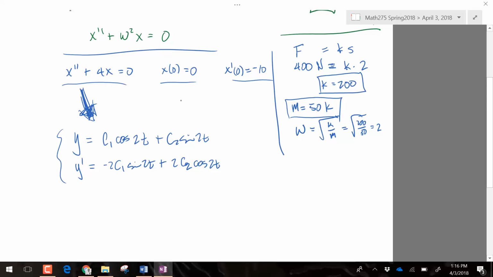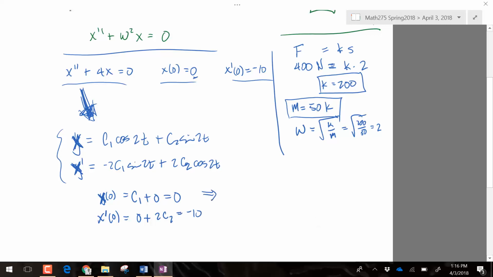So we have x of 0 is equal to 0, so we're going to put 0 in. I guess this should be x. So when we put 0 in, the cosine of 0 is 1, sine of 0 is 0, and this is equal to 0. And then the derivative will have a 0 plus 2 C2 times 1 equals negative 10.